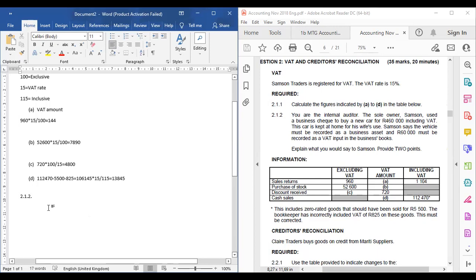Provide 2 points. Number one thing that I would say to Samson is that VAT input is only claimable on goods and services that relate to the running of the business.